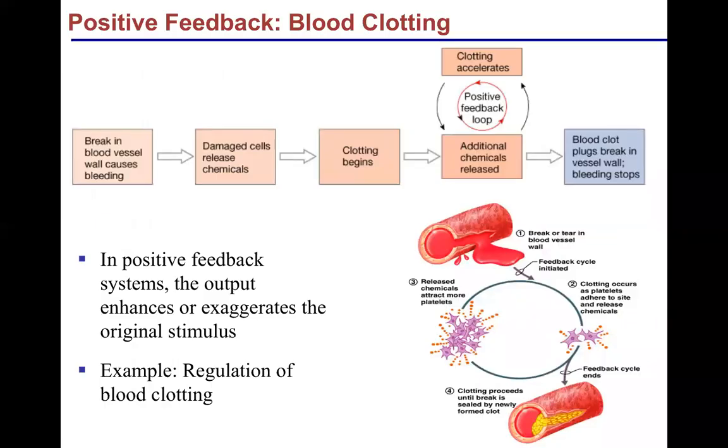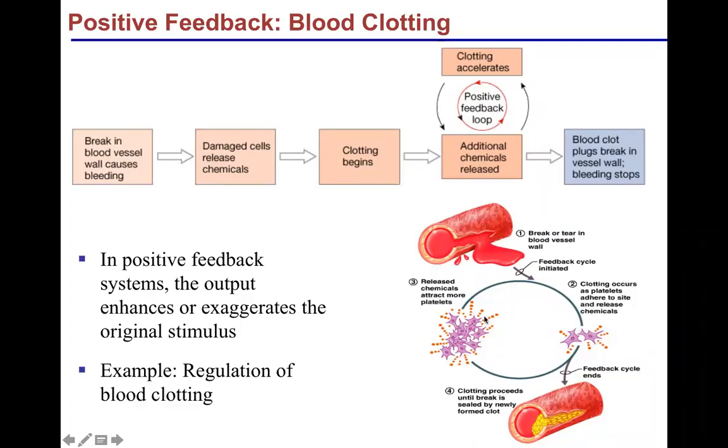The other example is blood clotting. Blood clotting is a very good example, and we will be doing blood clotting when we learn about blood in the lecture also. So whenever there are damaged blood vessels, it causes bleeding. This is the blood vessel and it's damaged. This results in production of certain chemicals. Now, these chemicals are responsible for production of a clot. Once these chemicals are produced and they go into the region, they enhance the production of more such chemicals.